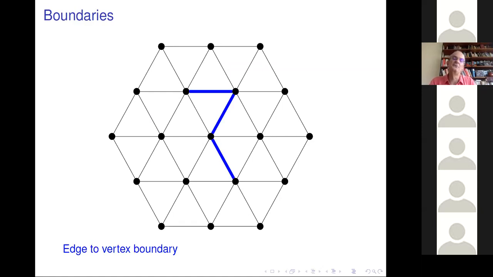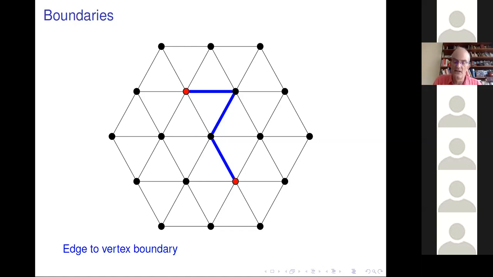Here I was going to remind you what the boundary functions look like in the simplicial complex case. So we have edge to vertex boundaries. When you have a bunch of edges, their boundaries are basically the endpoints.